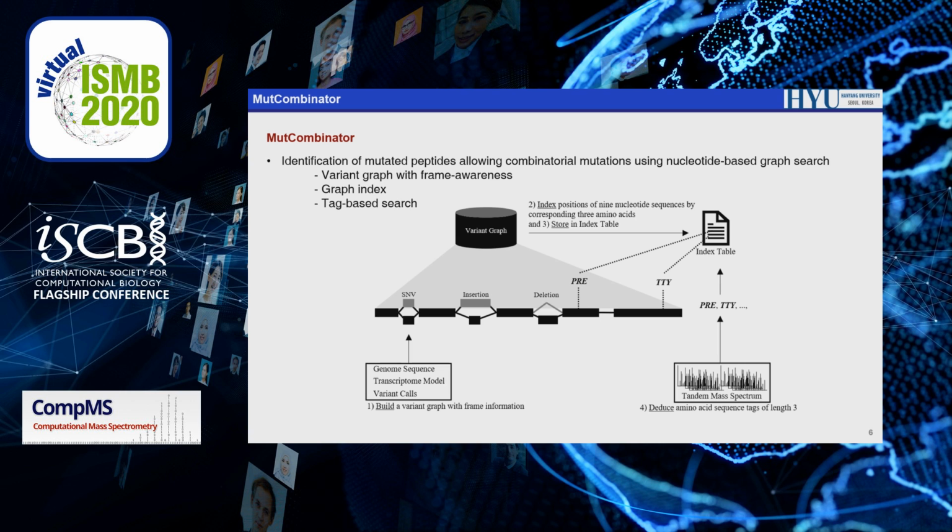To solve this problem, we introduce MutCombinator. MutCombinator combines three techniques: variant graph to express combinations of mutations, graph index to access specific locations in the variant graph, and tag-based search to speed up the graph search.